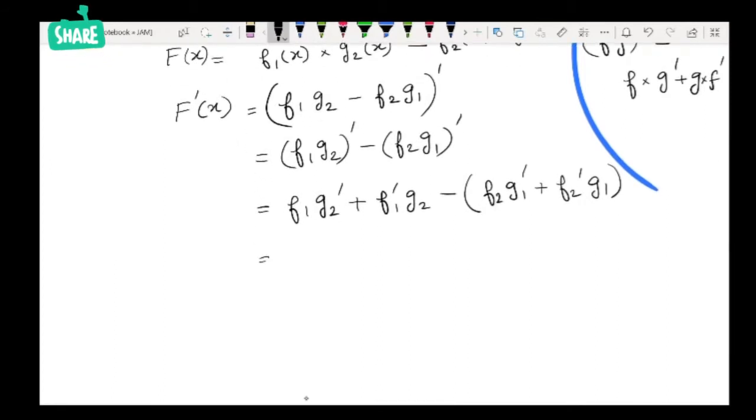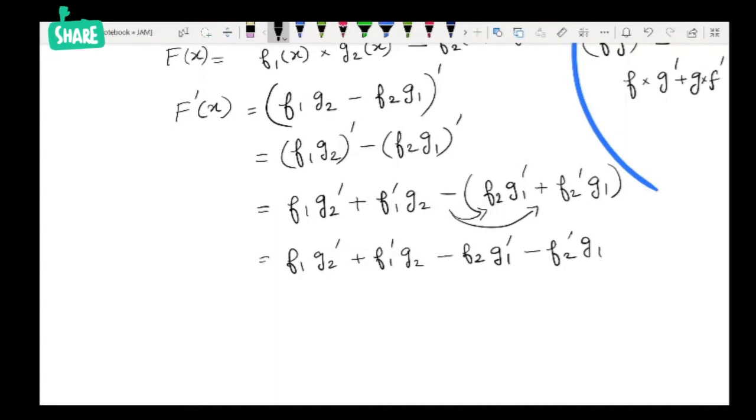Let's take this minus sign into the bracket now. f1 g2 dash plus f1 dash g2 minus f2 g1 dash, minus f2 dash g1.